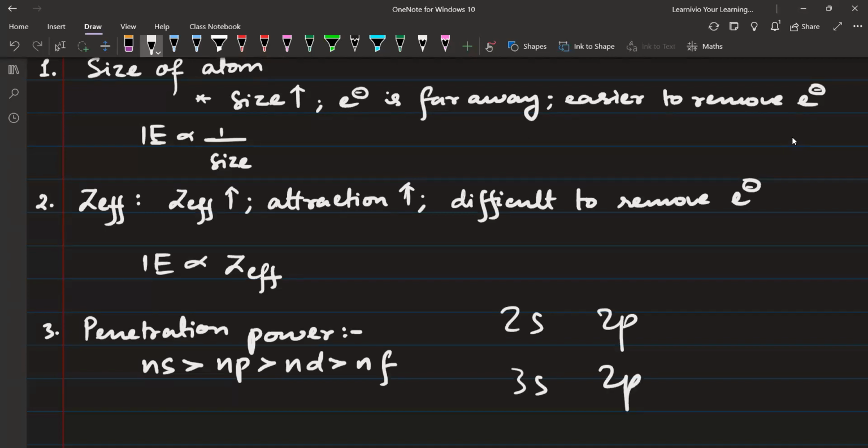When I compare 2s with 2p, it will be difficult to remove an electron from 2s. But if I compare 3s and 2p, then it will be difficult to remove an electron from 2p. Why? Because it is in the second shell, and this is the third shell. So when you have a larger shell, obviously it will be easier to remove from it than from the smaller shell. But if you have the same shell, then you have to look at the subshell.